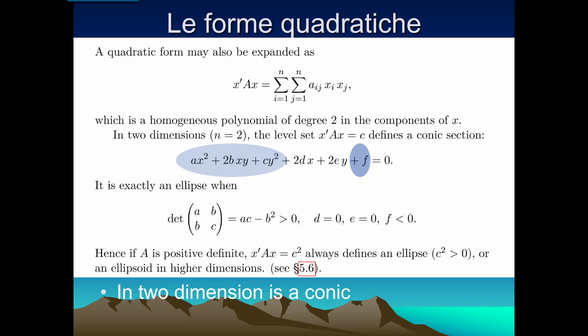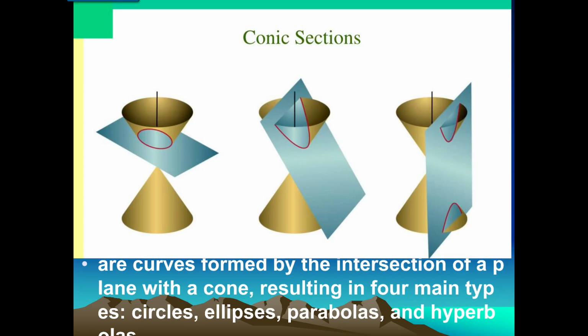And this is the condition for the conic to become an ellipse. So the quadratic form, if our A matrix is positive definite, is always an ellipse. That is, when you cut this with this plane, you end up with an ellipse, not with a parabola, not with a hyperbola. This is something which is fascinating.